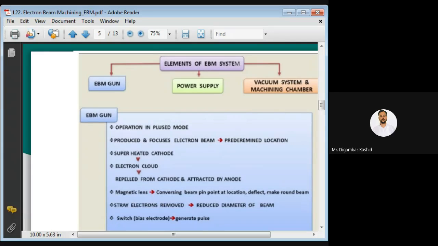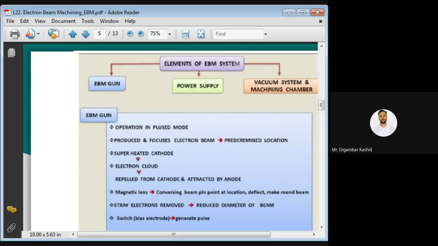After that it passes through the magnetic lens, correct? When it passes through the magnetic lens, a converging beam pinpointed at a location can be generated. So this beam is pinpointed towards a small location as it passes through your magnetic lens.